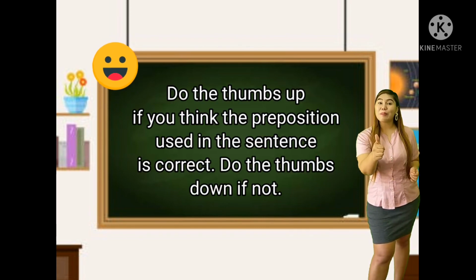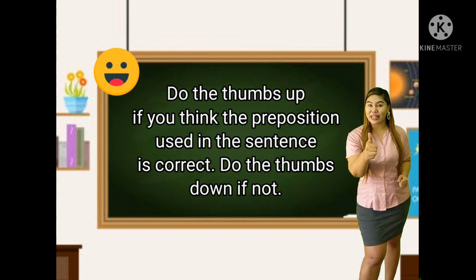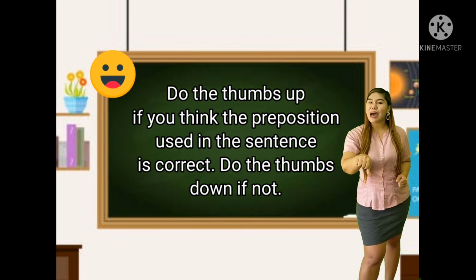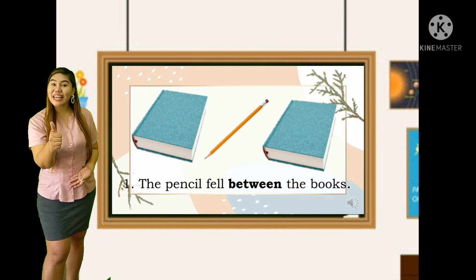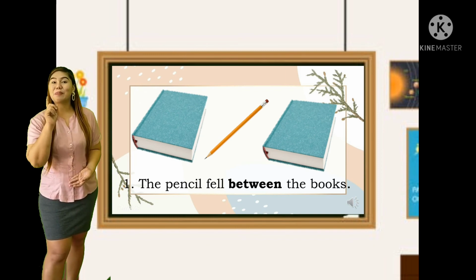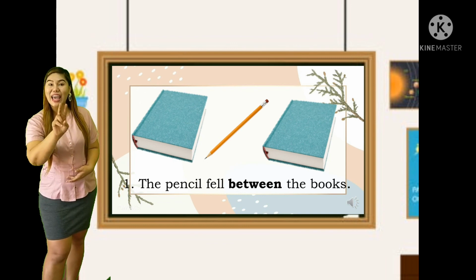Do the thumbs up if you think the preposition is used in the sentence correctly, and do the thumbs down if not. Number 1. The pencil fell between the books. The answer is thumbs up. The preposition between is used to talk about two items.